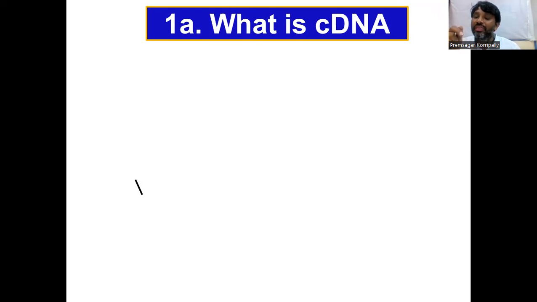Reverse transcriptases catalyze the conversion of mRNA into DNA. That process is called reverse transcription. The DNA which is synthesized in this process is complementary to the initial mRNA. That's why the DNA is called cDNA.